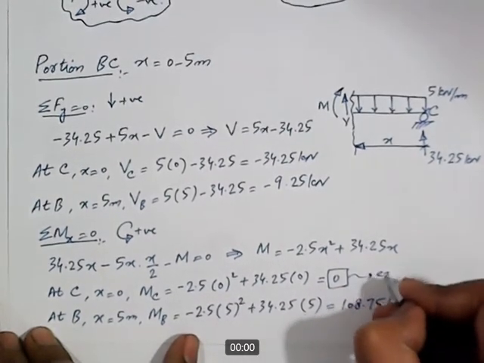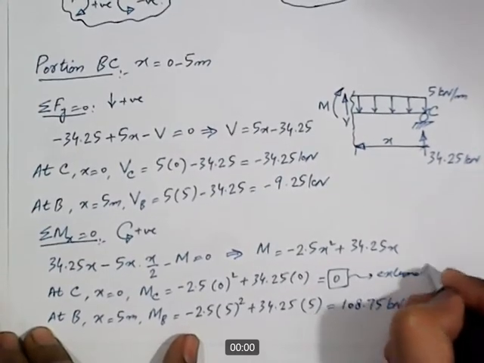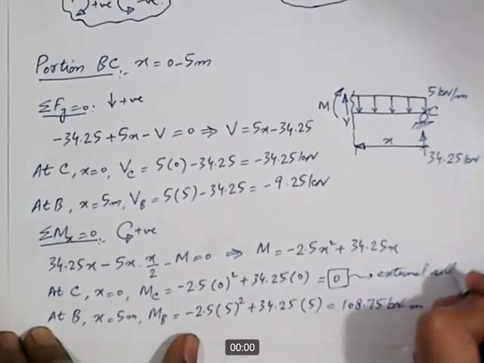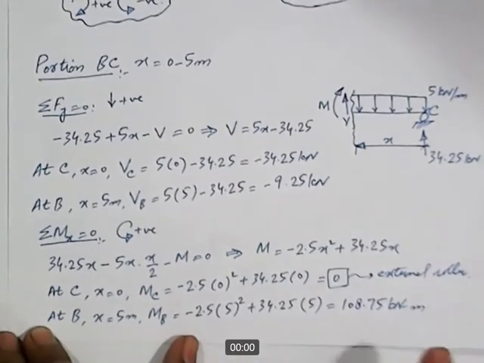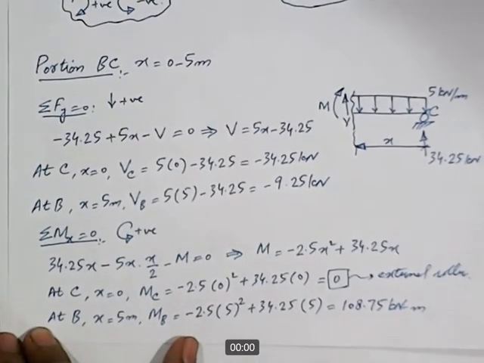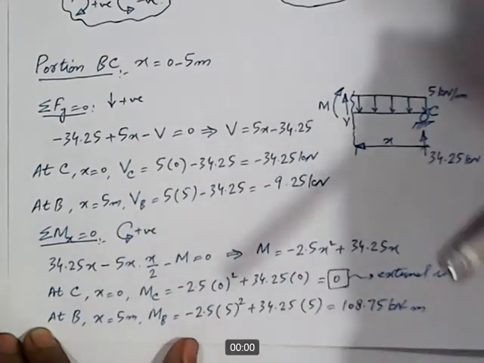So this is totally fine. External roller. So this is an external roller support, and the value of bending moment at this location is equal to 0. So this completes our calculations for portion BC. Now let's move to the next portion, portion AB.